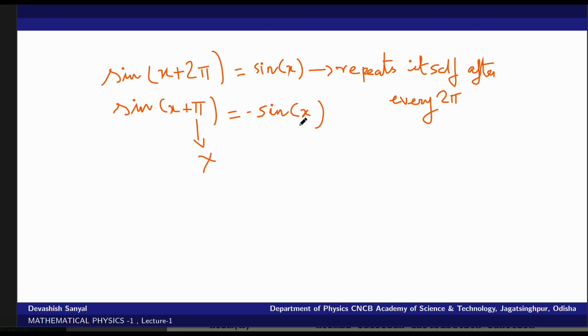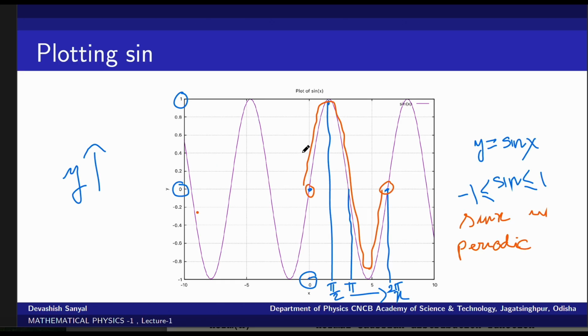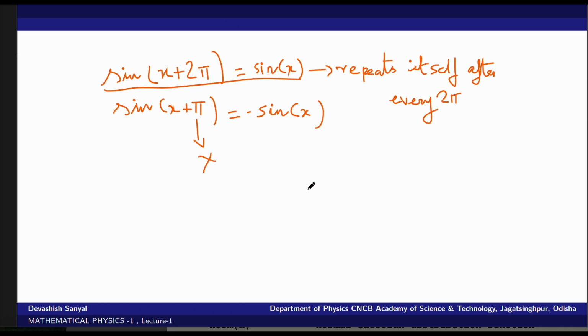It does not repeat itself; it comes with a minus sign. So this expression tells us that sin x is periodic and it repeats itself after every 2 pi. This function which I had drawn here has a period 2 pi.